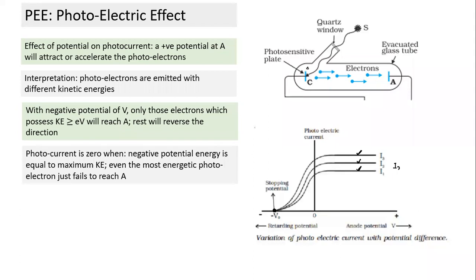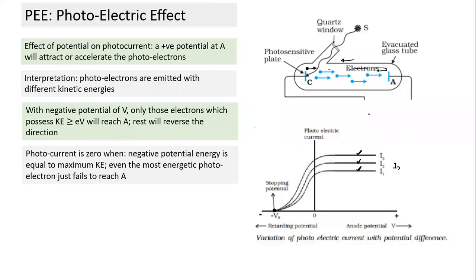What path will the most energetic electron follow in this case? It will almost reach plate A, but just fall short and reverse its direction. The repelling force is able to stop even the most energetic electron. That's why no electron reaches this plate and the current becomes zero. If you visualize this picture, it gives a good understanding.